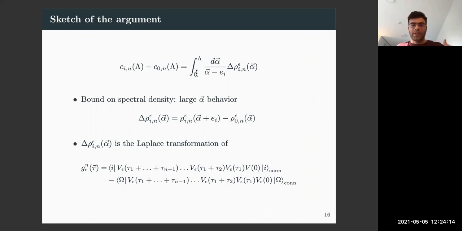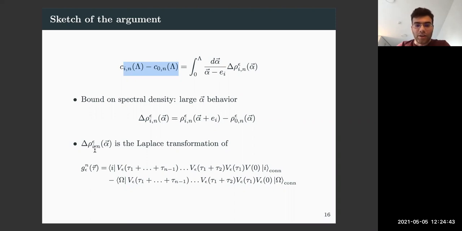It can be written as an integral from 0 to some cutoff, the UV cutoff that I introduced, over this delta rho, the difference of those two spectral densities. What we want to see is that this delta rho is bounded, so that this is convergent. For that reason, we look at large alpha.